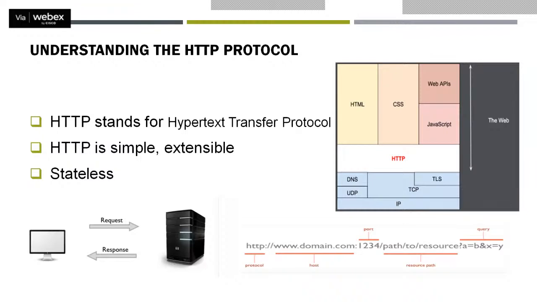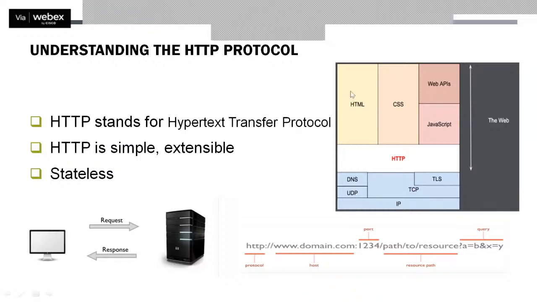Whenever we talk about www, that is basically the World Wide Web, and this web contains various websites, and a website contains a collection of different web pages. So whenever you want to develop a website or web pages, you should have these technologies in place: HTML, CSS, web APIs and JavaScript. These are some examples of the technologies which are used to create those web pages.